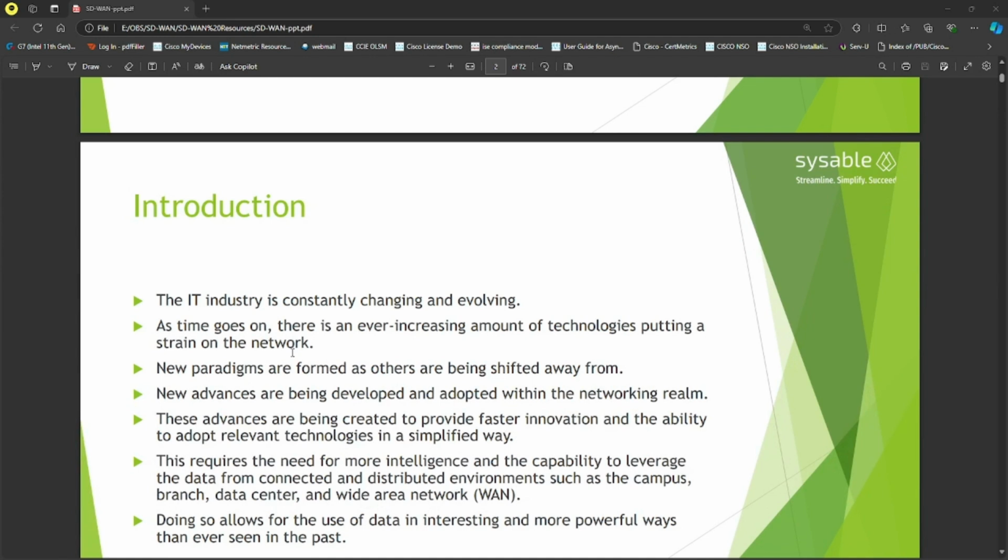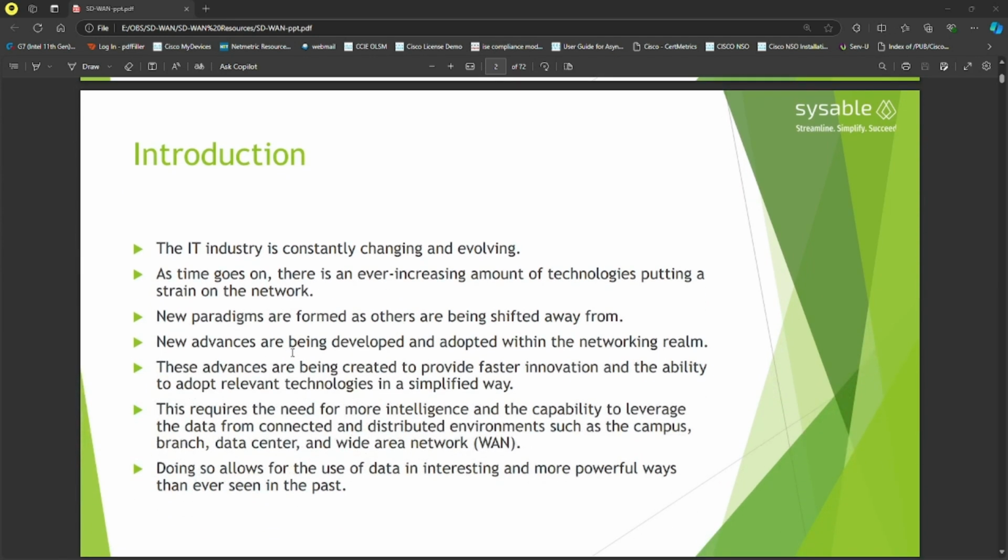So let's start off with the introduction of SD-WAN. As the IT industry is constantly changing and evolving, and as time goes on, there is an ever increasing amount of technology putting strain on networks. Traditionally, we had very limited resources, with very few people using computer systems, but nowadays it includes smartphones and laptops.